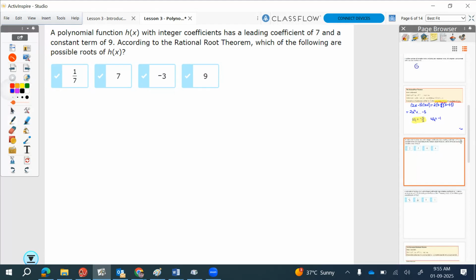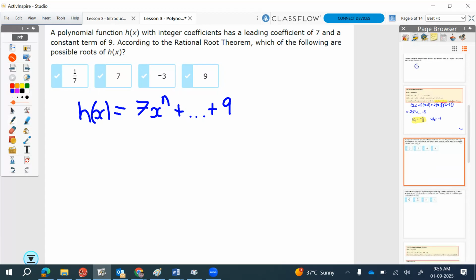From this first sentence, we can say that h of x is equal to 7x to the n plus ... and a constant of 9. That first sentence tells us this much information.